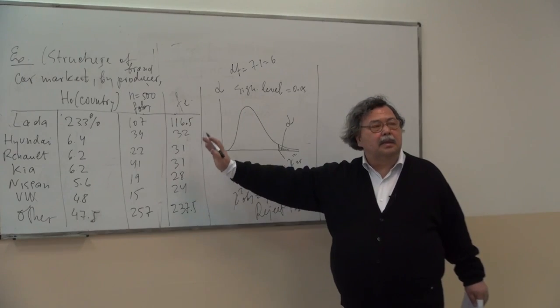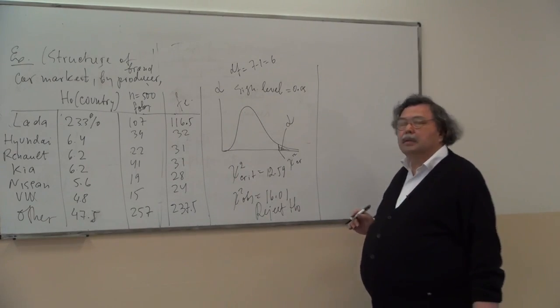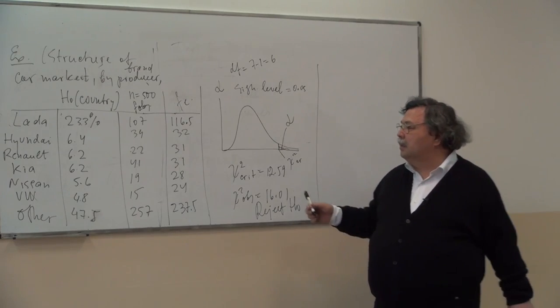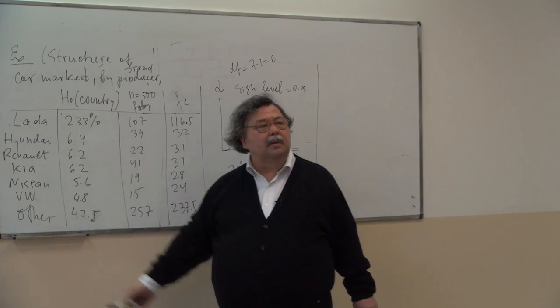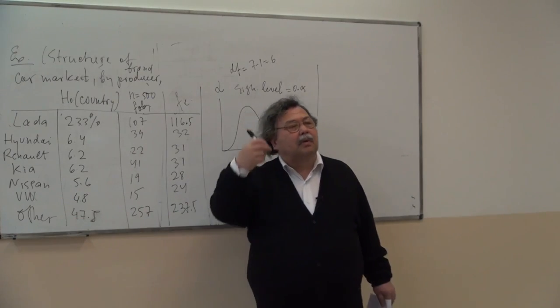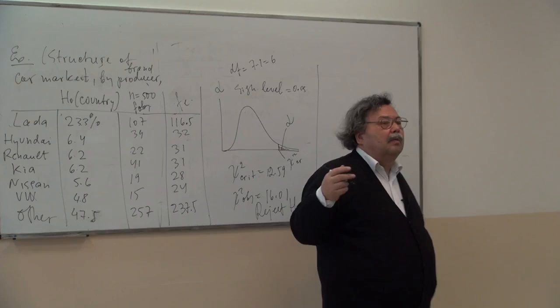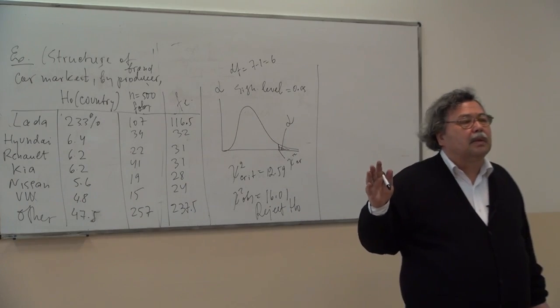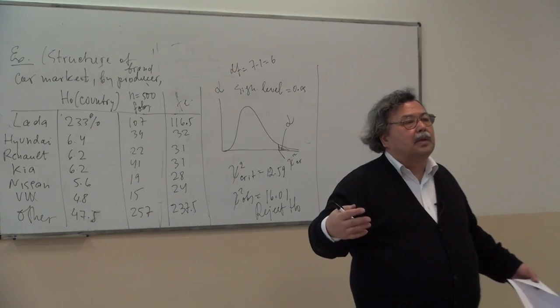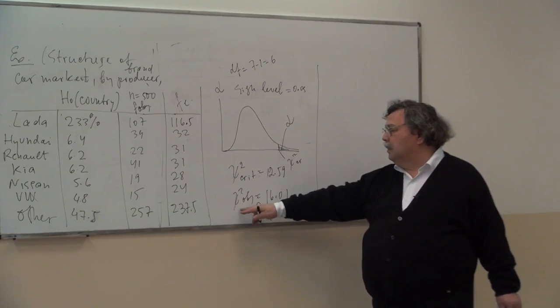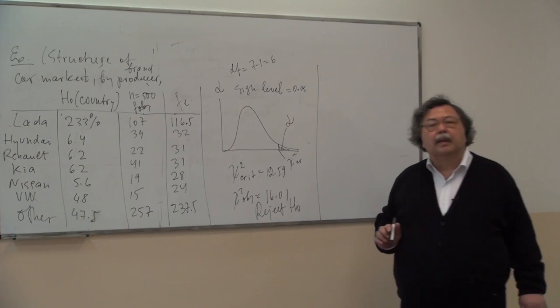Again, this column is not there, but just take my word for it that the greatest contribution is made by this brand, Volkswagen. So the deviation of the observed frequency from the expected one for Volkswagen is the largest in terms of contribution to chi-squared.